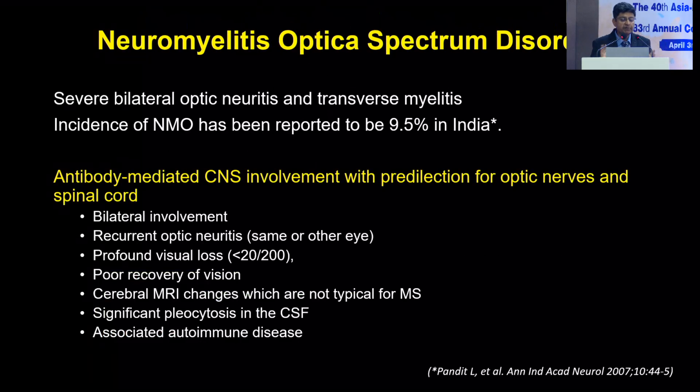NMO spectrum disorder is now something that we are increasingly understanding, especially with the availability of the biomarker, and that has shown that there is a much higher prevalence of NMO in India and in Asia per se. In fact, in the early part of this century, when we were discussing optic neuritis in Asia and India, we would always say it looks a little different from what ONTT has talked about.